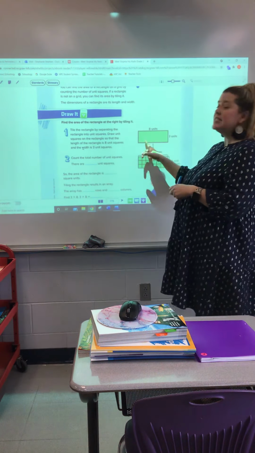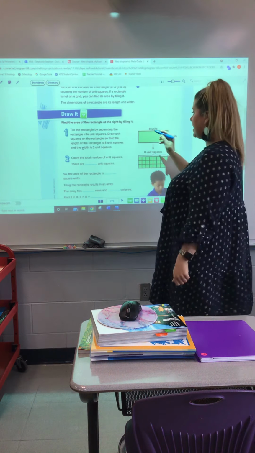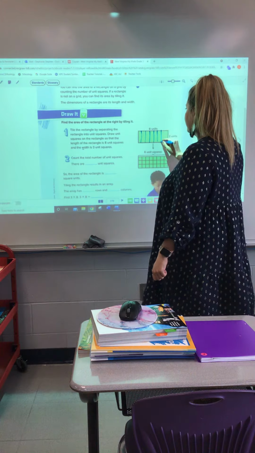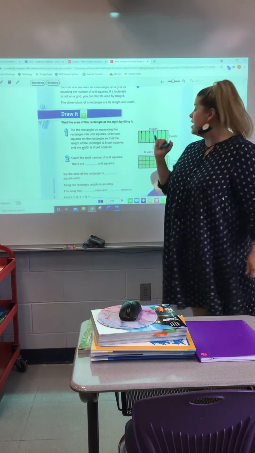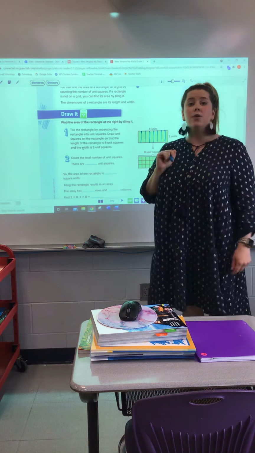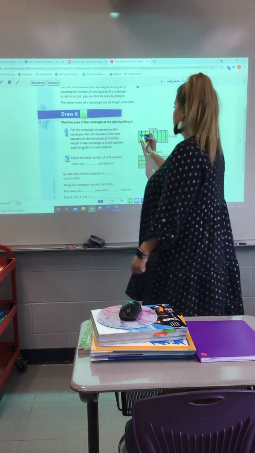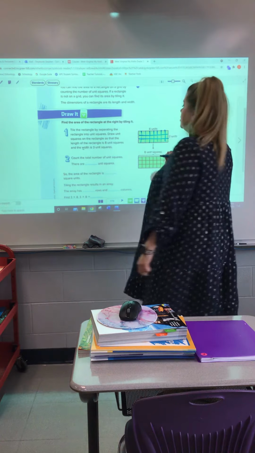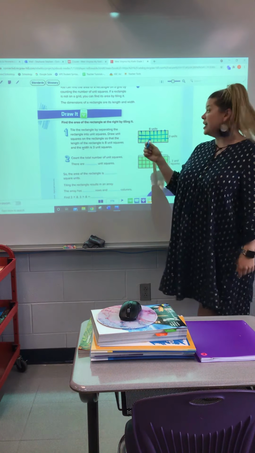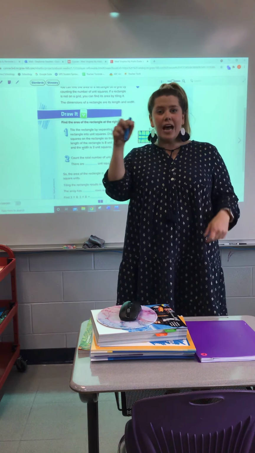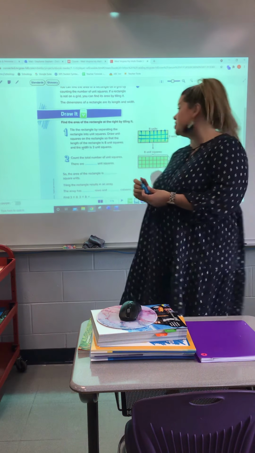So if I want this to have 8 parts, I'm going to draw 7 lines. 1, 2, 3, 4, 5, 6, 7. If I wanted to have 3 rows, how many lines will I draw? 2. I always draw one less. So 1, 2. So we just tiled that shape. That's all it is, drawing lines to make little squares inside the shape.